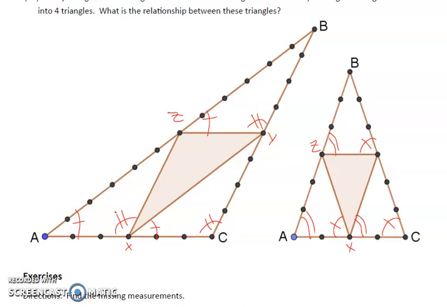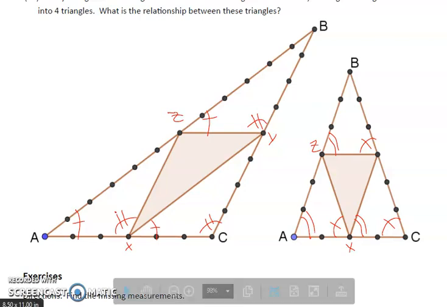And if you go one step further, you would also find that the shaded triangle is congruent to the other three triangles. Those four small triangles all have the same measurements, so they are all congruent to each other and similar to triangle ABC.